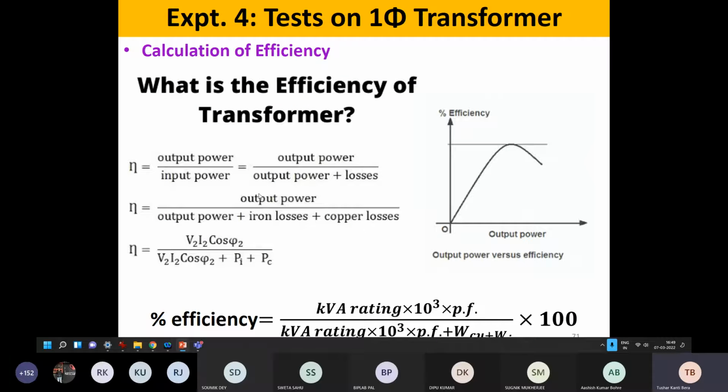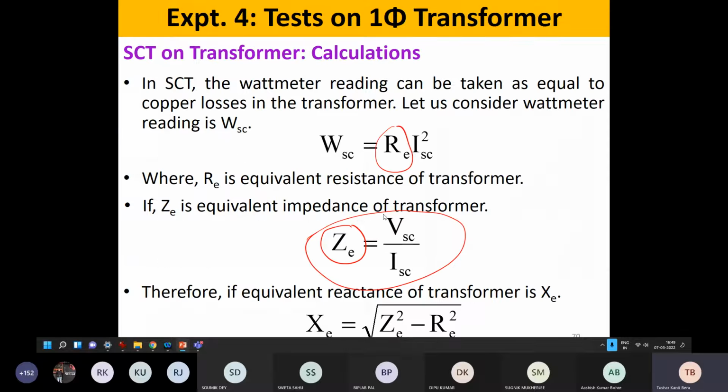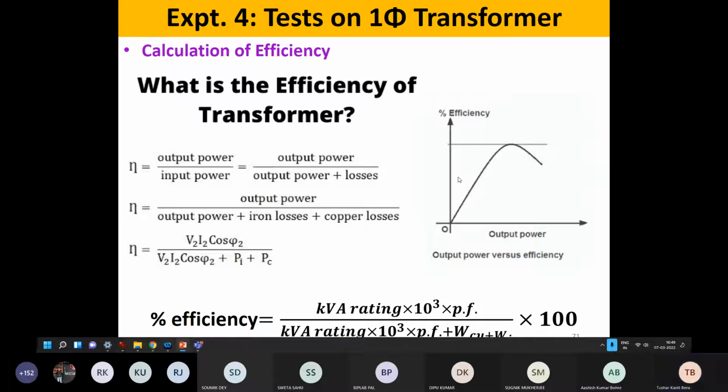And here we can see efficiency is output power divided by output power plus iron loss plus copper loss. The short circuit power WS is nothing but the full load primary copper loss plus full load secondary copper loss. Those two losses will be the entire copper loss of the transformer at full load, and that will be obtained from the wattmeter reading.